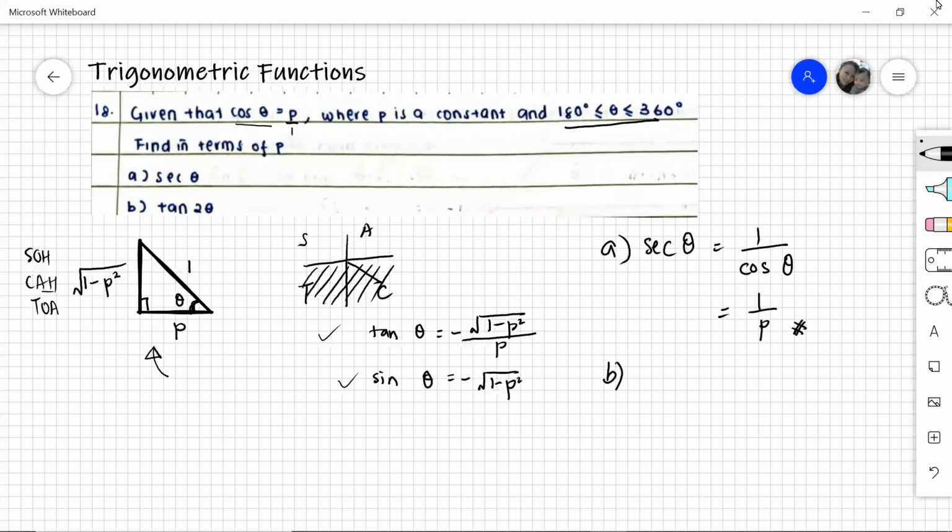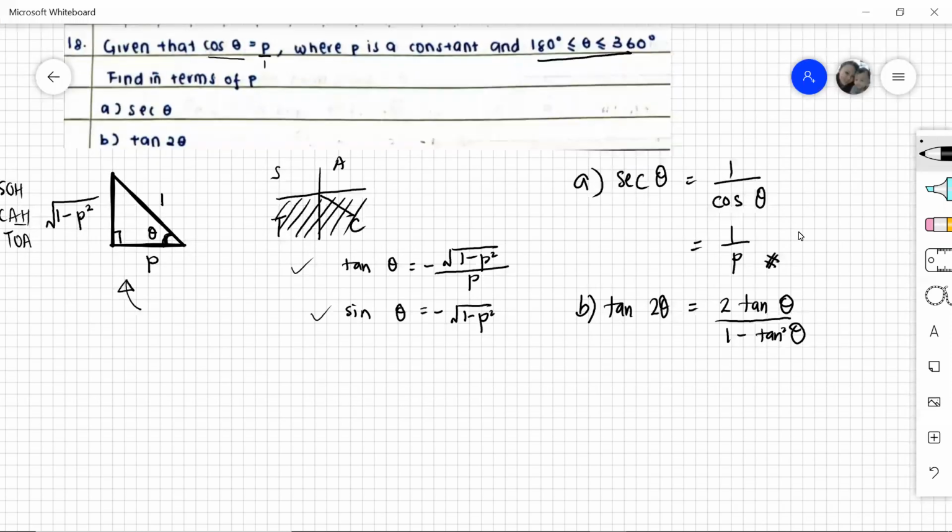Okay, for part B, we need to find tangent 2 theta. And tangent 2 theta, according to the double angle formula, is 2 tangent theta over 1 minus tangent squared theta. So over here, we have to substitute.